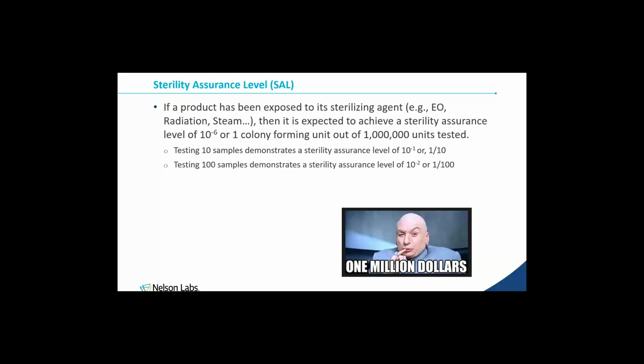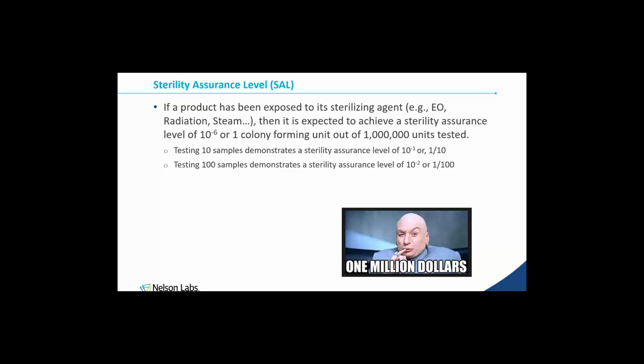And what that really is, is your probability of an organism surviving the sterilization process. So for a typical product to be considered sterile, the industry standard and the standards themselves indicate a sterility assurance level of 10 to the minus 6. That means there's a 1 in 1 million chance of something surviving the sterilization process.